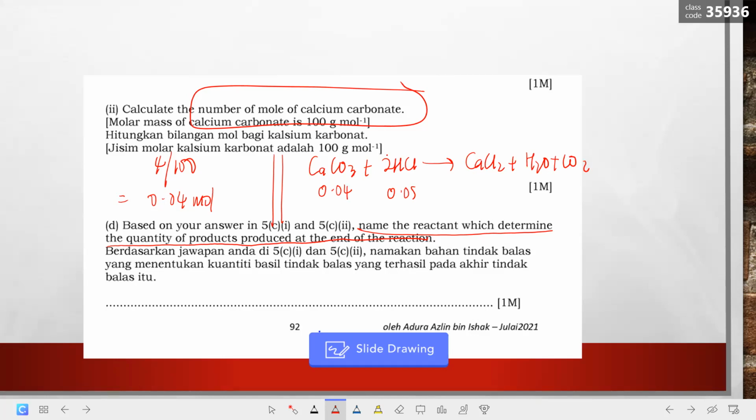So I need to make this 2 into ratio 1 to 1, which means I have to divide it by 2. What will I get? 0.025, correct? Yes, sir. Now I compare my number of moles. Which is my limiting agent? Hydrochloric acid. So therefore, I am going to choose hydrochloric acid as my answer.